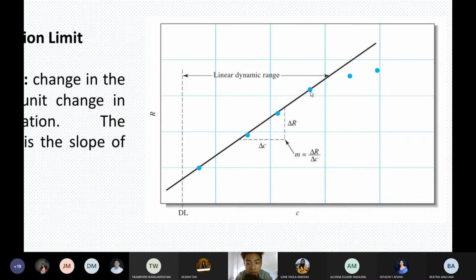However, as your concentration goes higher, the instrument response may plateau. That means it may flatten out at the end, when your concentration is very high.